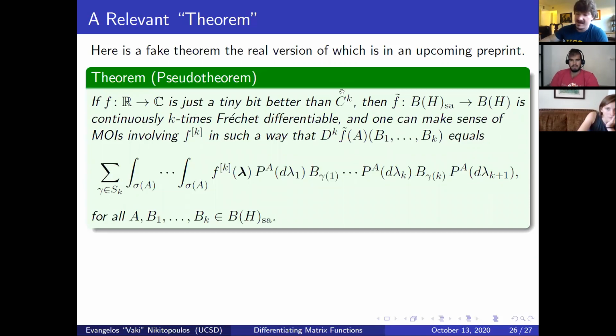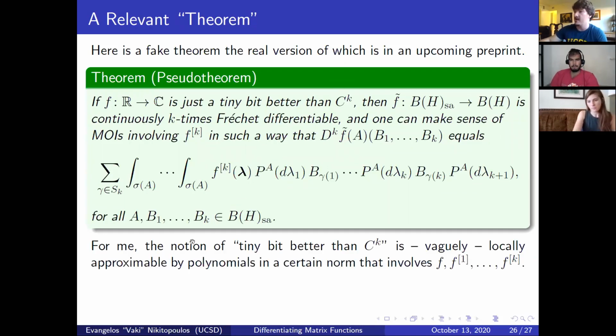The notion of tiny bit better than C^k is one that I came up with, and it is vaguely locally approximable by polynomials in a certain norm that involves f bracket 1 up to f bracket k. The norm's a bit complicated, but it is basically a norm that tells you you are able to make sense of multiple operator integrals with f1 through fk here.